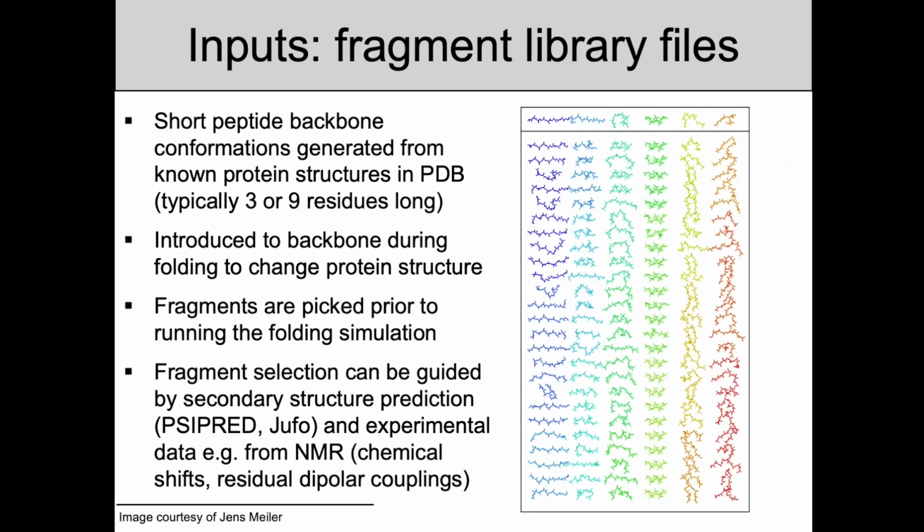Now, these fragment files are so important that it's worth spending just a little bit of time talking about them. So the way Rosetta actually predicts the structure of a protein from scratch is pretty ingenious. You might not have the structure of the protein that you want, or even a related structure, but what you do have is a lot of unrelated proteins that have been determined structurally, experimentally, sometimes to very high resolution.